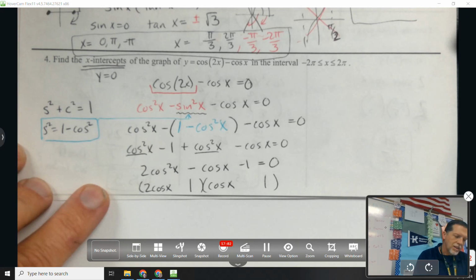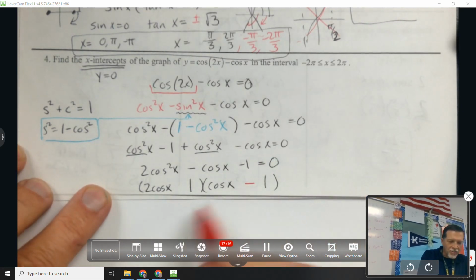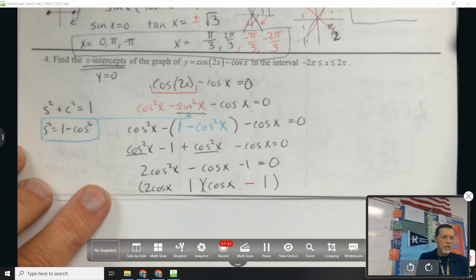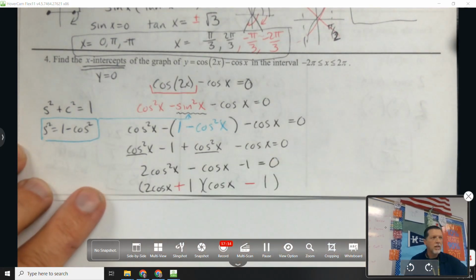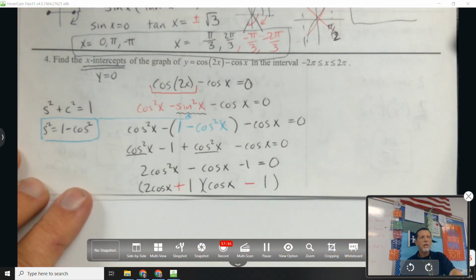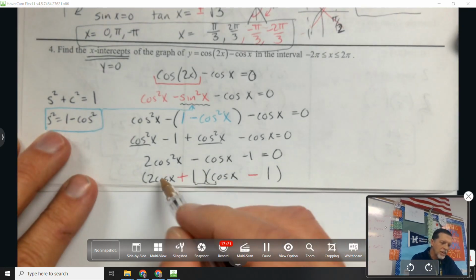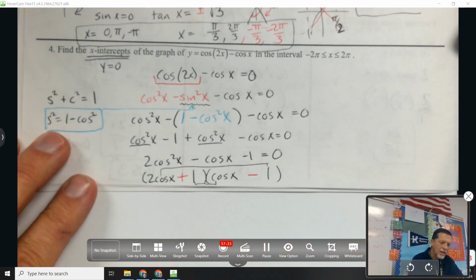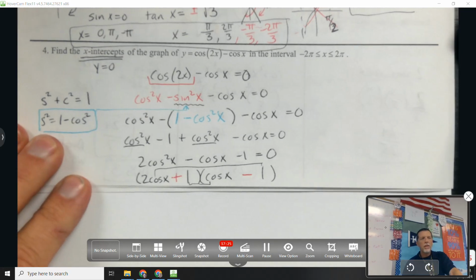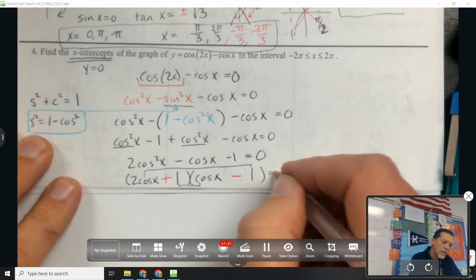And then I want the middle term to be negative, so I need that guy to be negative, so he will attach and make negative 2. And this would be positive 1. Yes? So if I FOIL that, these two make positive 1, and these two make negative 2. Equals 0.